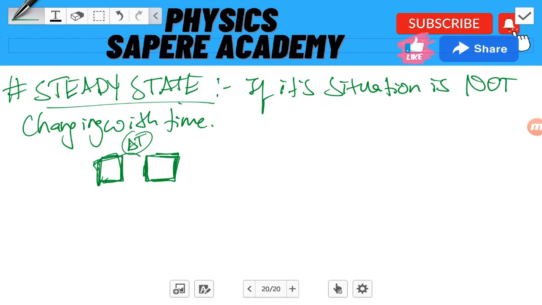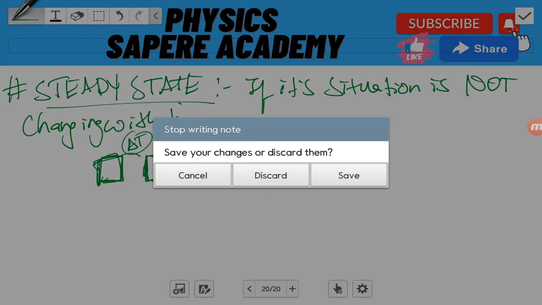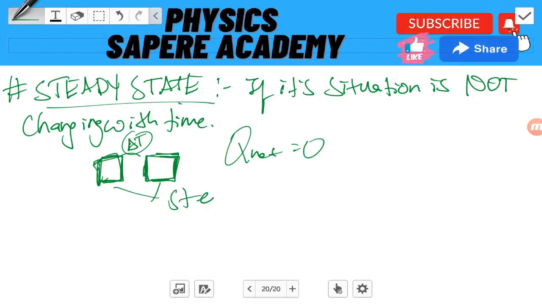No, because if the object is in thermal equilibrium, the net heat flow must be zero. So there is no net exchange of energy in the form of heat if it's in thermal equilibrium. But since these two bodies are exchanging energy in the form of heat, with a constant Q net, they are in a steady state but they are not in thermal equilibrium.